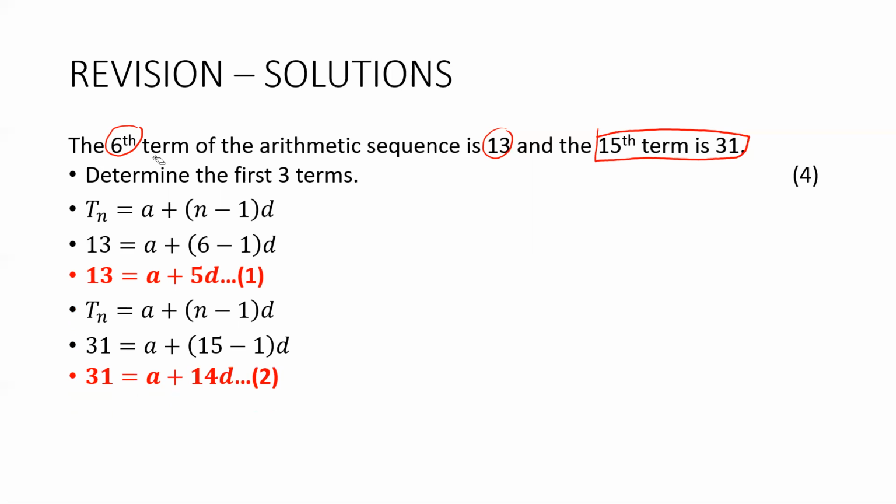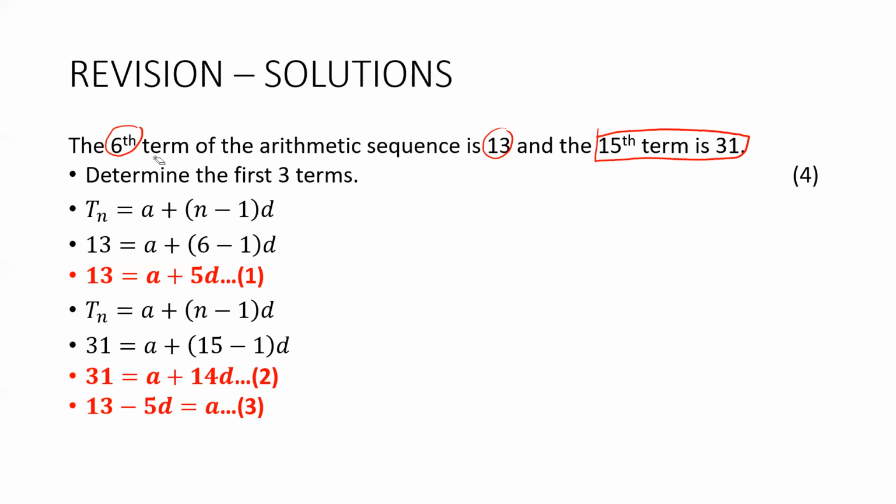We're going to go back to the first equation, and take 5d to the left side, and it's going to be 13 minus 5d equals a. We call that equation number 3.